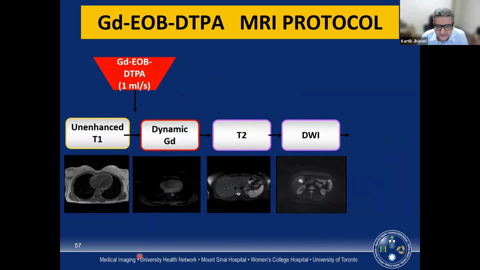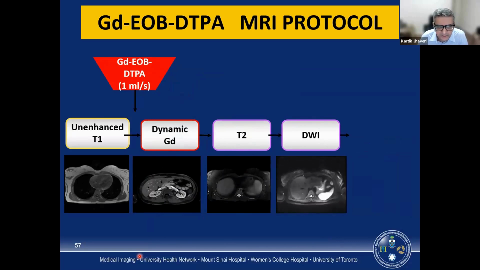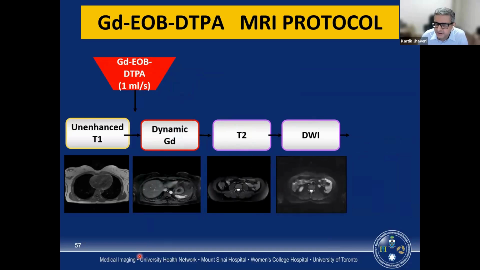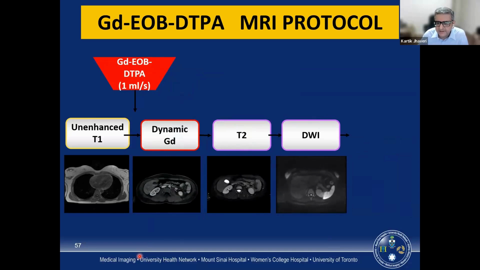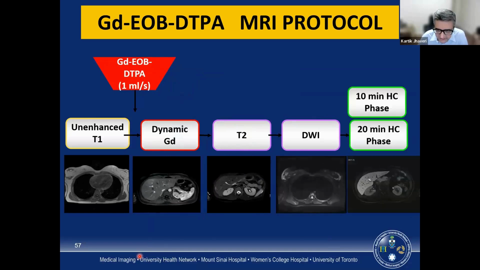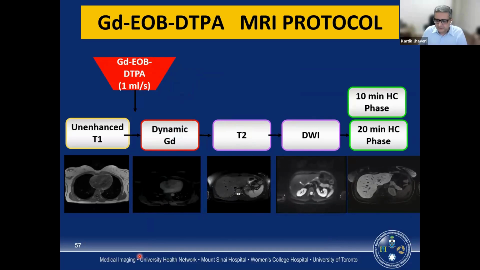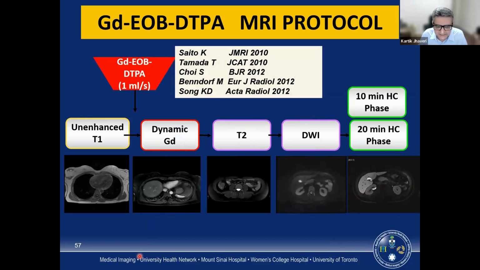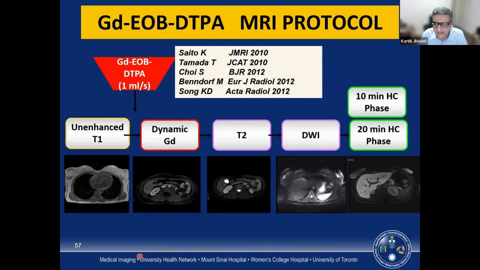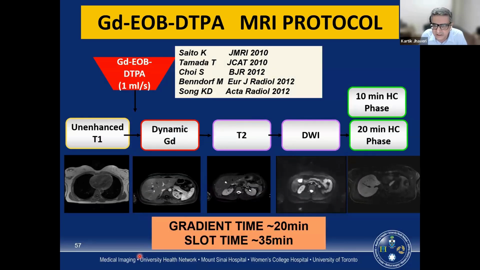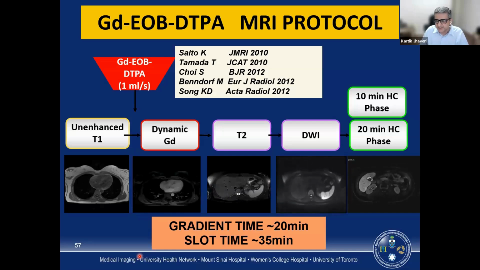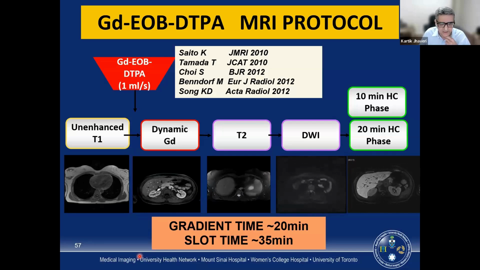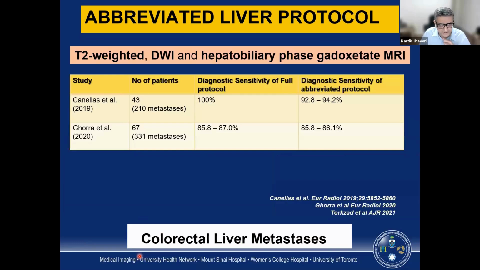But you can compensate for some of that time by performing only the unenhanced T1 before the contrast injection and moving the T2 and diffusion weighted images immediately after the dynamic phase and between the hepatobiliary phase, thereby gaining approximately 10 minutes back. So it's still longer by about 10 minutes compared to extracellular contrast agents, but not 20 minutes if you didn't adjust your sequence order.